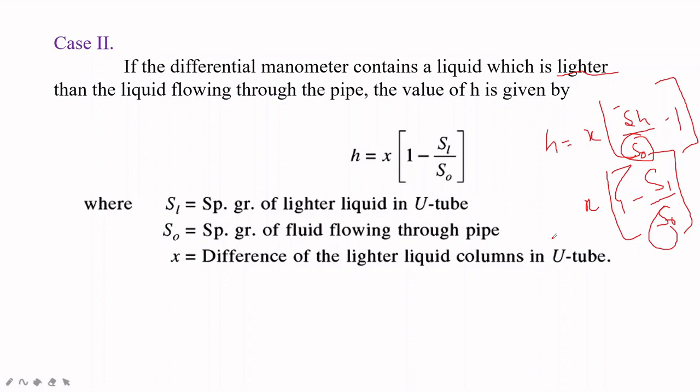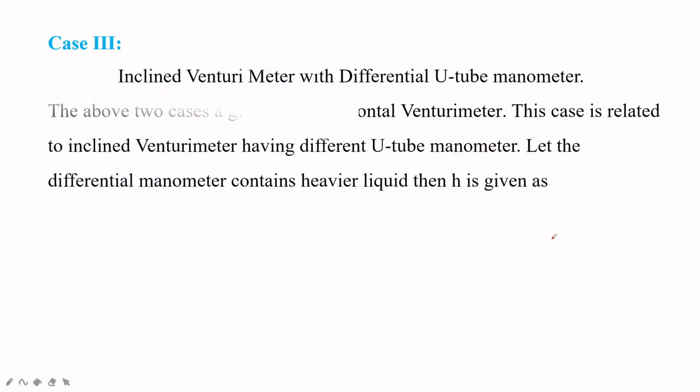Then again, when the venturimeter is inclined, what do we have to do? This is case 3: inclined venturimeter with differential U-tube manometer. The two cases given earlier are for a horizontal venturimeter, which I showed you in the picture. This case is related to the inclined venturimeter having a differential U-tube manometer. Let the differential manometer contain heavier liquid, then H is given by.